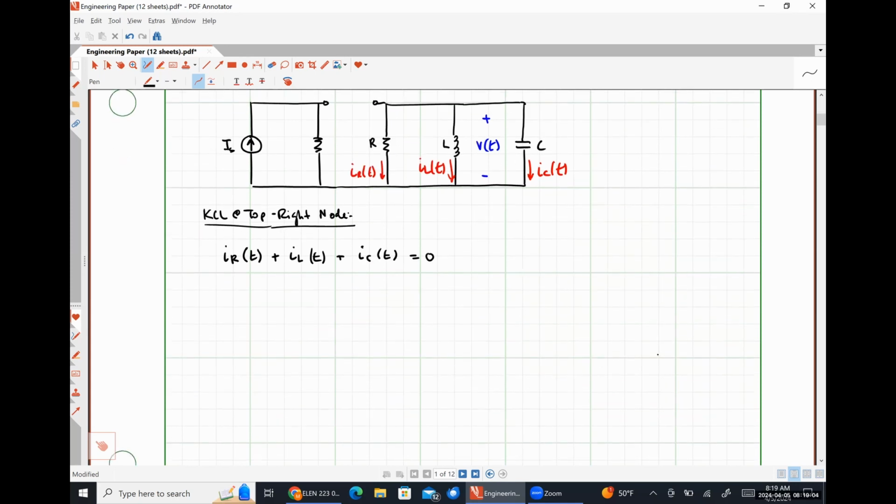So for our resistor, that's just going to be 1 over R times V of T, just Ohm's law.